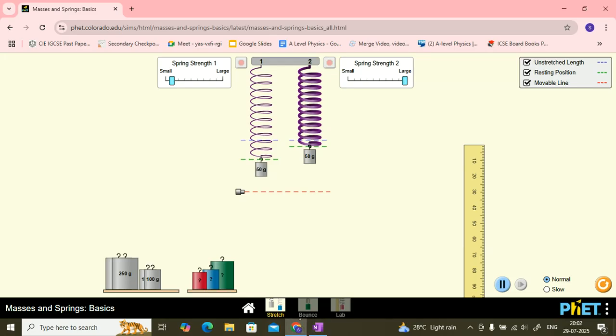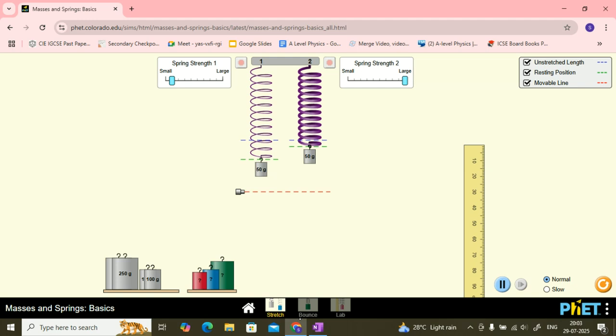The very first thing we need to understand is the spring constant. It is nothing but the power of a spring, or you can say the strength of a spring. If we need more force to extend it, its spring constant is high. If we need less force to extend it, like spring number 1, which is delicate, its spring constant is less.